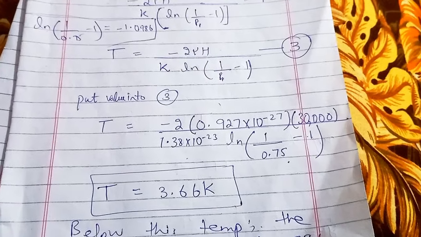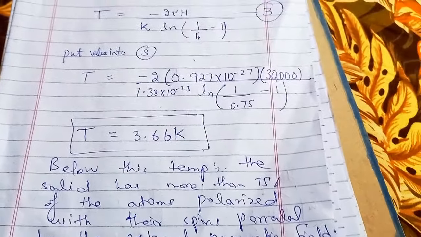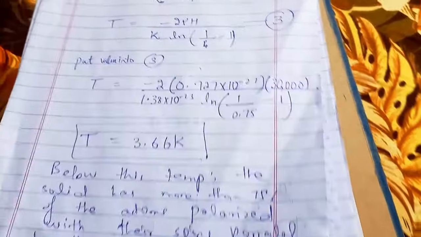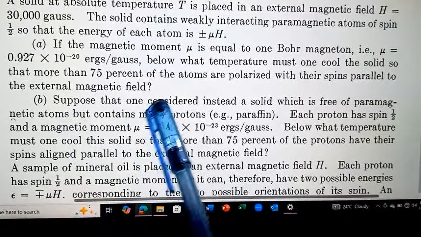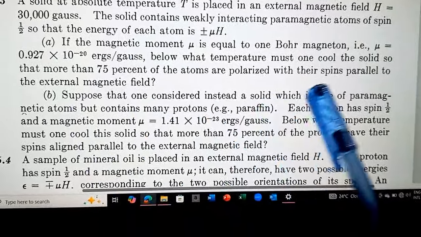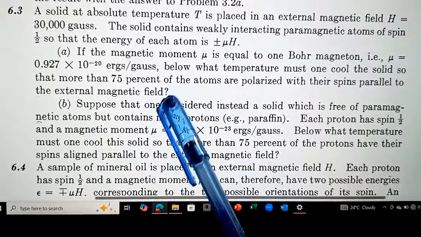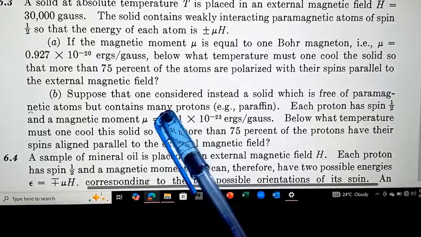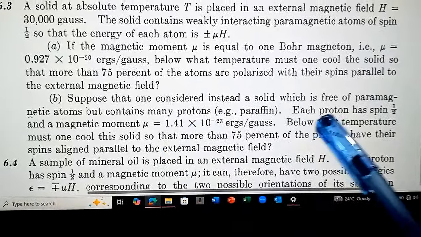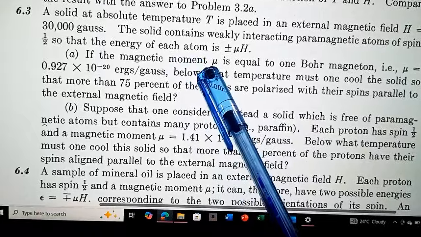So let's start with part B. Now let's see the problem statement for part B and do it quickly. In part B they are saying, suppose that one considered instead of a solid free of paramagnetic atoms, another kind of solid which has many protons in it. Now in the case of a proton, the magnetic moment is different.